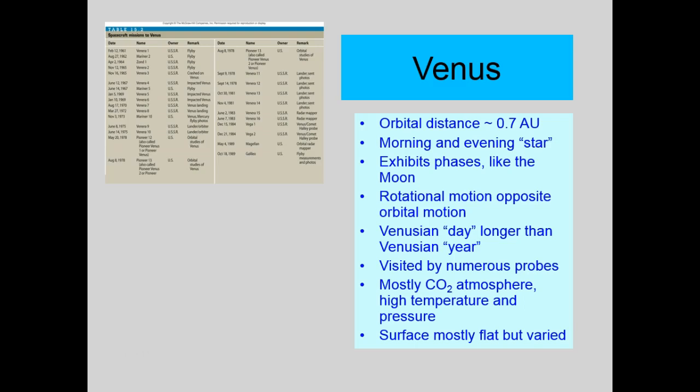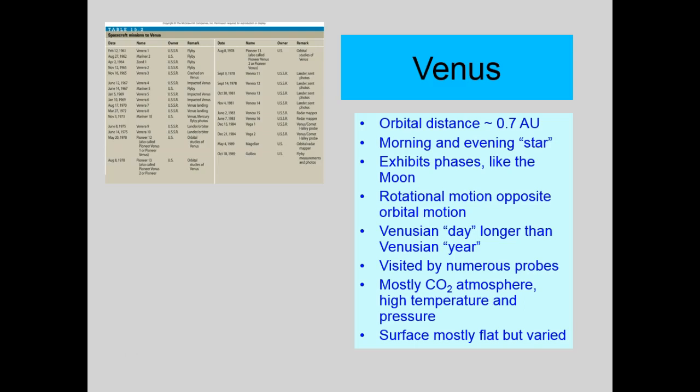If you notice this, Venera, see, Mariner was actually going to Mars, but it went by Venus and did a flyby. These were all primarily Venus. This is another Martian. I think that's a Mariner. The Pioneers were going further out, but they went by Venus and did flybys.